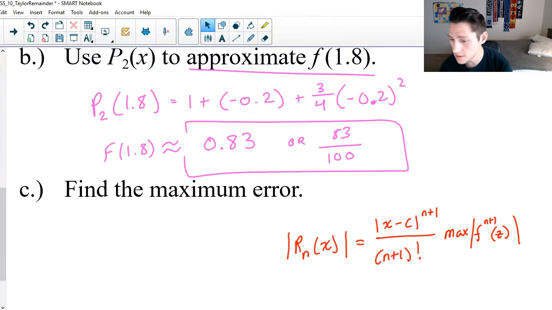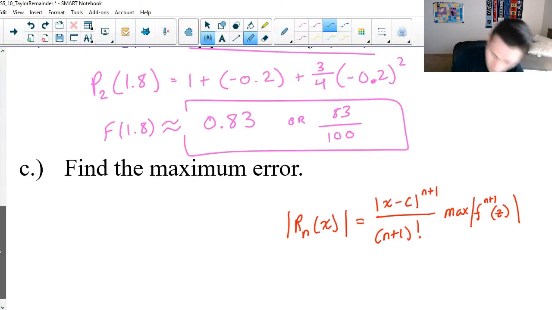Since we used a second degree Taylor polynomial, that means we're now considering that next term. So now I'm considering the power of 3, divided by 3 factorial, the third derivative.